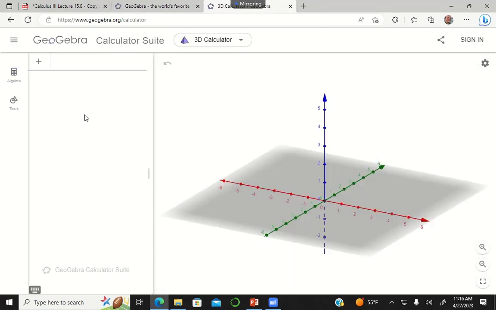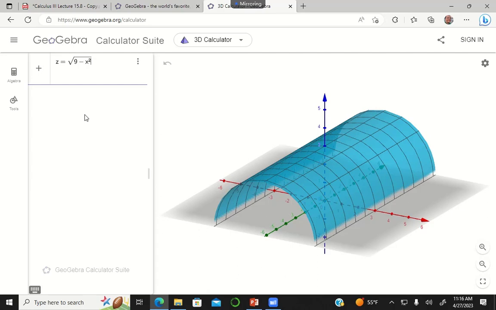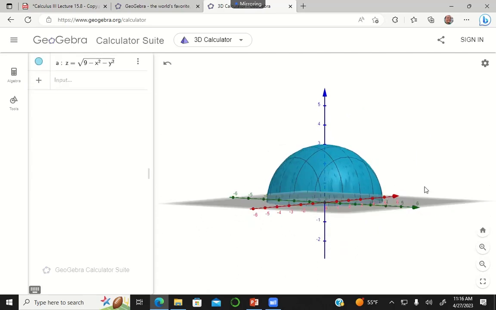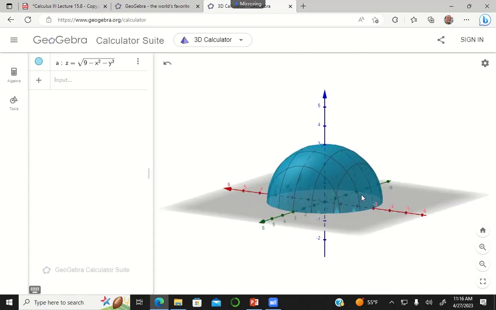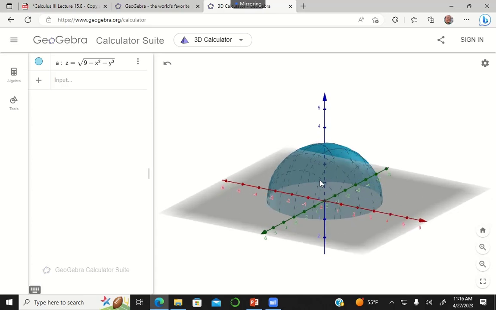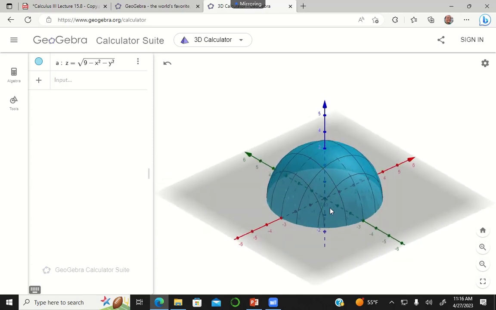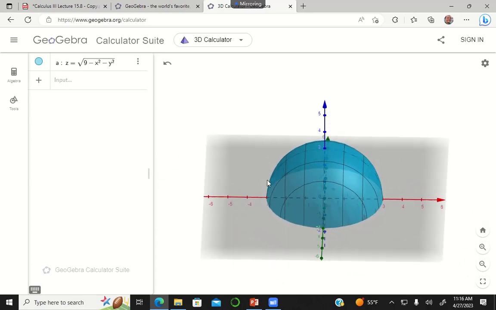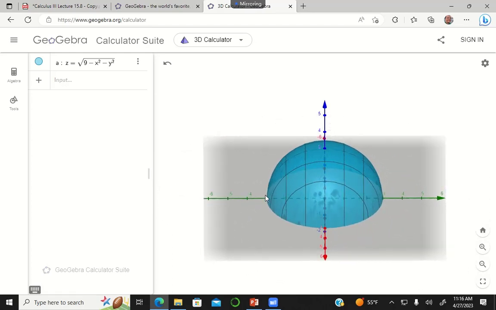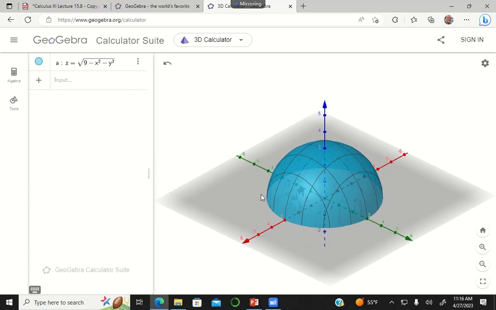But what we had was z equals square root of 9 minus x squared minus y squared. That was what I told you my surface S was. And so, again, whenever I talk about the boundary of a surface, what I mean is where this surface ends, which is in the xy plane. I mean that circular path that catches the edge of your surface.